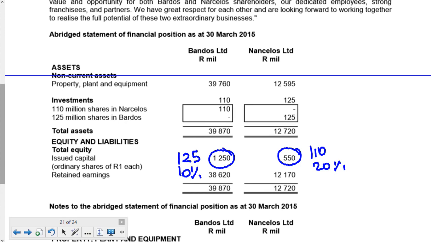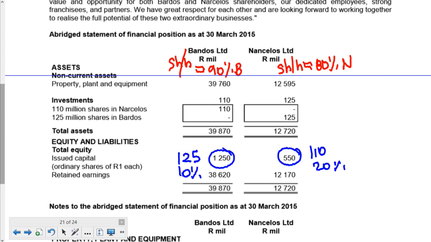So when we look at the shareholders, this shareholder only owns 90% of B. Do you agree? Because the other 10% is owned by the other company. And this shareholder owns 80% of N. So when we're looking at the number of shares that will be issued, we have to work out those values.